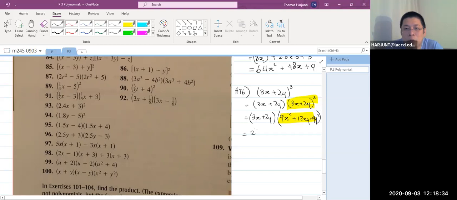That's 27x cubed plus 36x squared y plus 12xy squared plus 18x squared y plus 24xy squared plus 8y cubed.